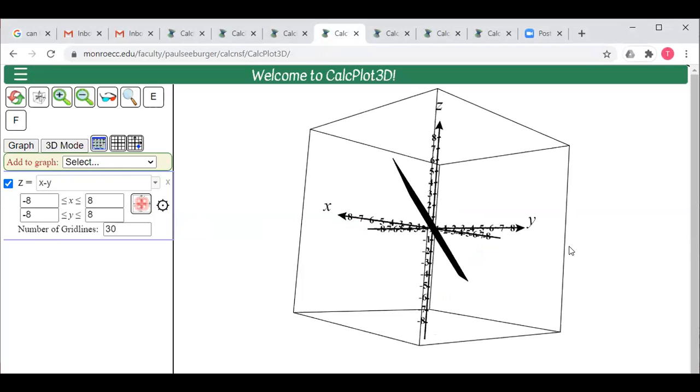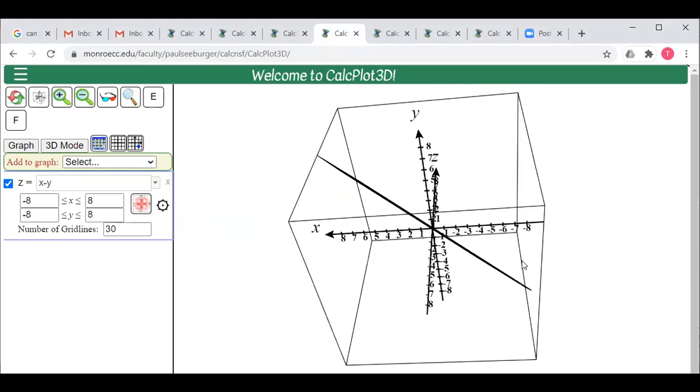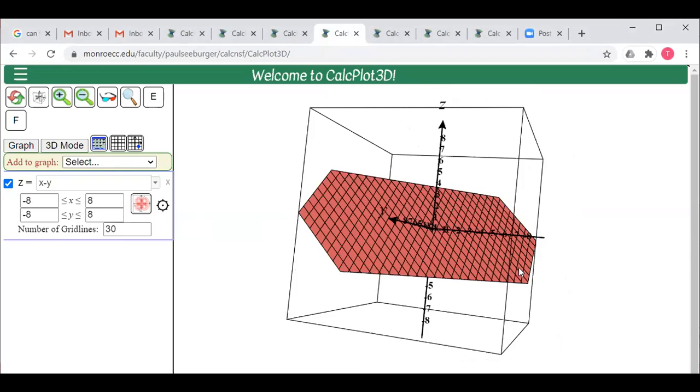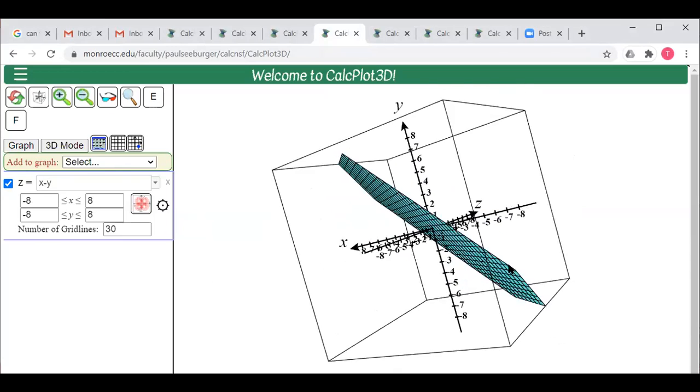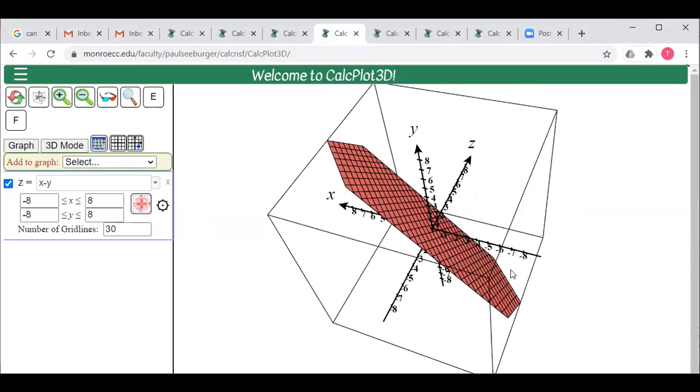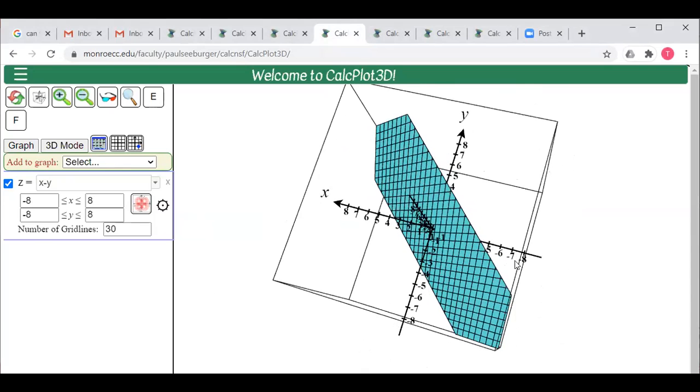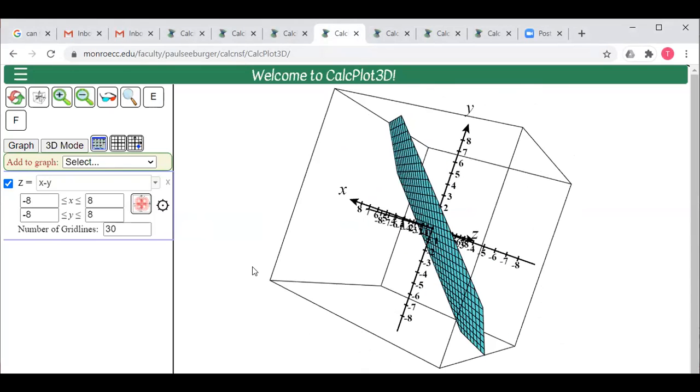If you like, you can turn it around and see. That's what this graph is showing you. Z equal to x minus y is the surface here. Now let's see whether the level curve happens like we suspected. Did we derive this function correctly or not?